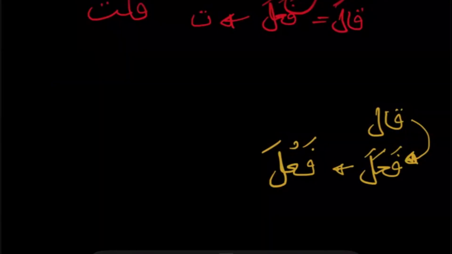So we're still going to say qala. The wazn of qala is fa'ala. Don't get mixed up here. The wazn of qala is fa'ala. Don't say fa'ula. But when we want to attach the pronoun, then we need to just turn it into fa'ula. Why a dhamma? Because we're dealing with a wawi.